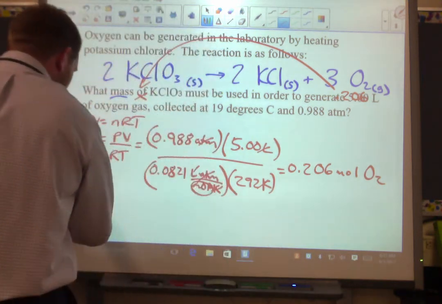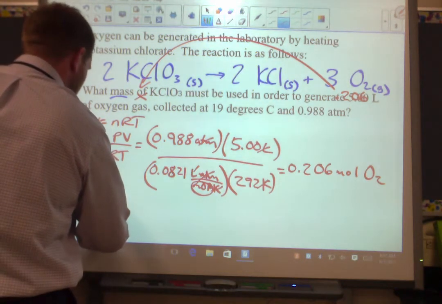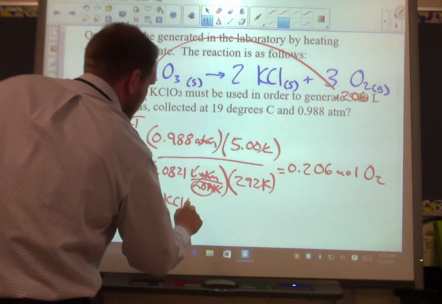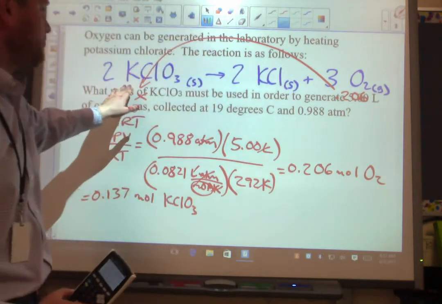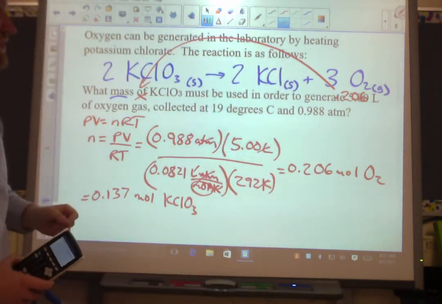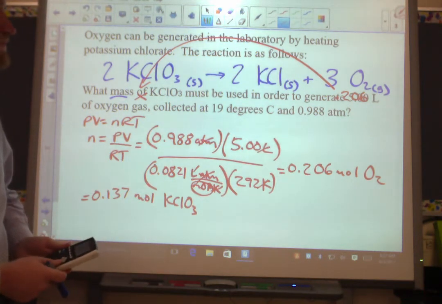So I'll do it down here. 0.137 moles of KClO3. Just once again, 3 to 2 mole ratio. How many times smaller is that? It's 1.5 times smaller. So you're going to divide it by 1.5.